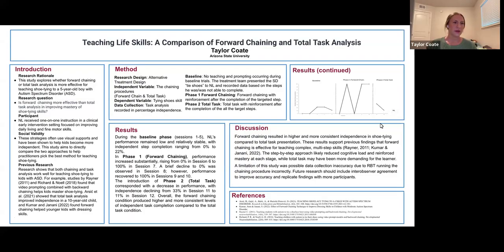And with IOA data, I had to have conversations with the RBT regarding how to run different types of chaining procedures, redirecting him back to the procedure itself and showing him where he can identify each one, so it was clear. So future research should include more IOA to improve accuracy and replicate findings with more participants.